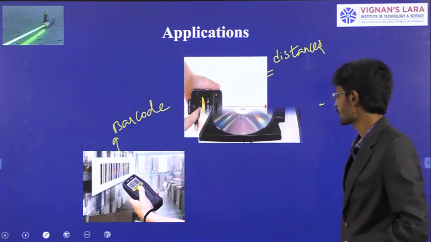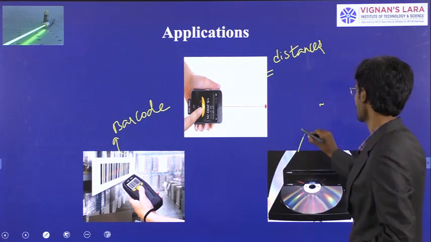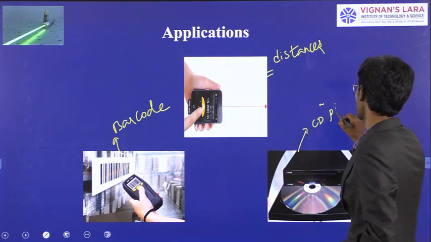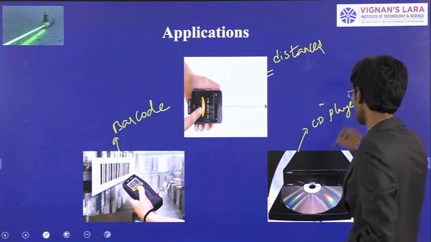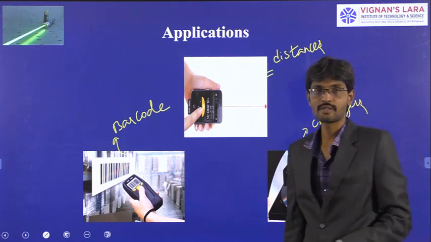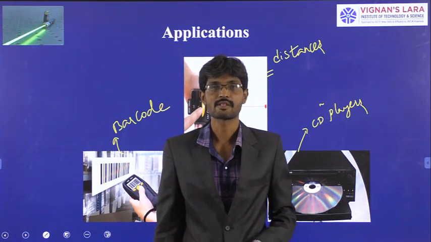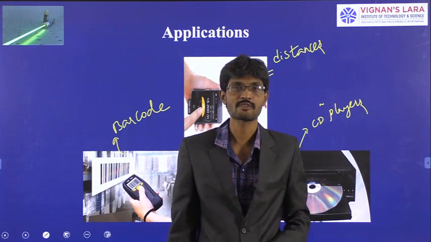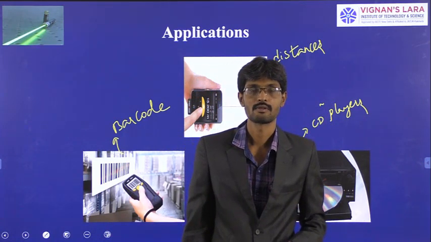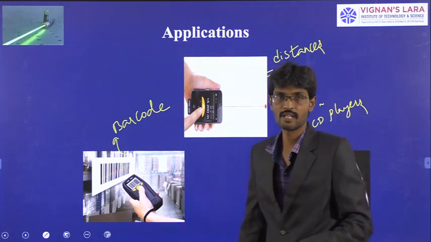The helium neon laser is also used in CD players for reading CDs. And also you can use it in our laboratory to find the characteristics of laser and for the diffraction of light. So these are the applications of the helium neon laser.